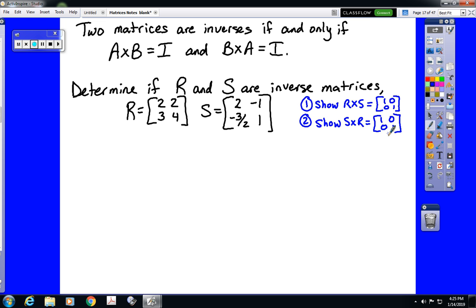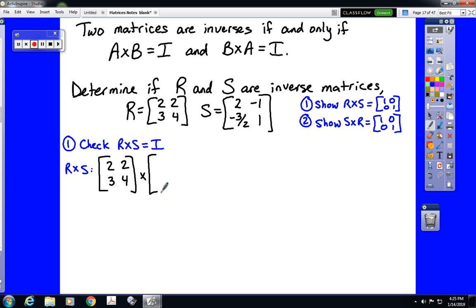So, if we want to show that R and S are inverse matrices, the first step in that process is to check that R times S is equal to the identity matrix. So we start off and we say, okay, R times S. So that would be matrix R, which is 2, 2, 3, 4, times matrix S, which is 2, negative 1, negative 3 halves, 1.